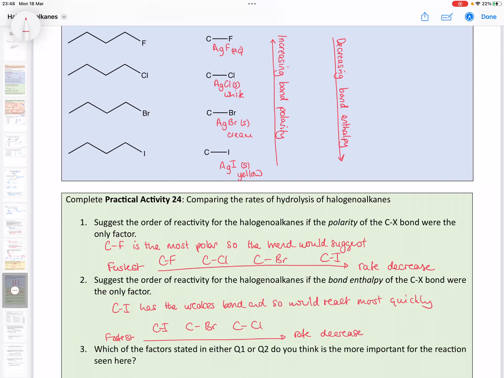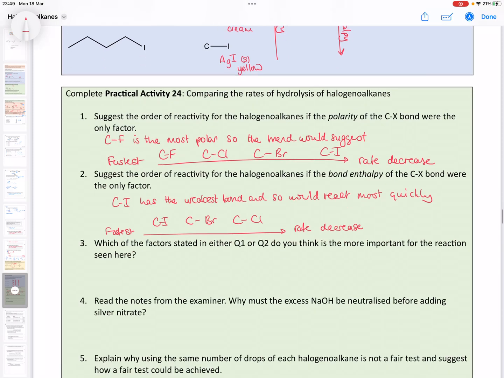And so the one that actually matches up most closely to what we physically observe when we do this experiment is number 2, that the C-I is the fastest, so it produces that yellow precipitate of silver iodide the fastest.